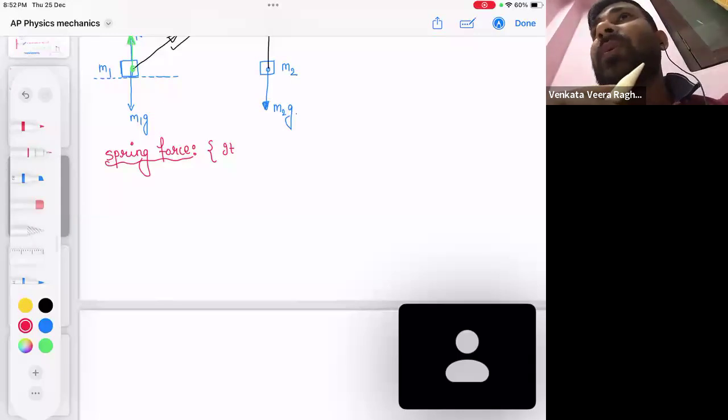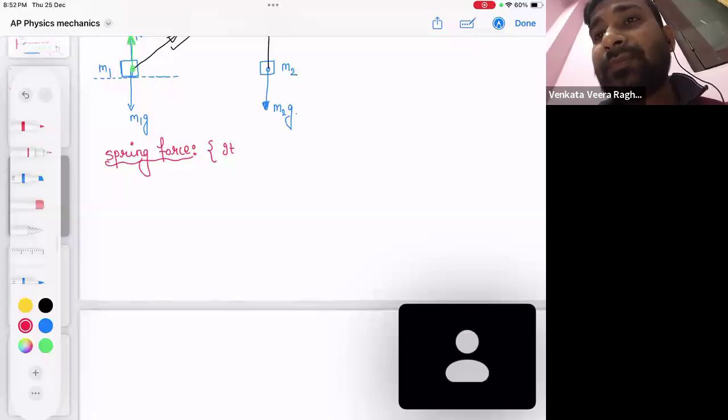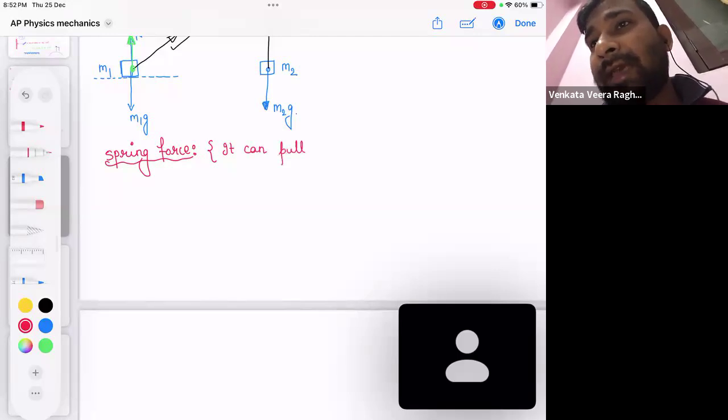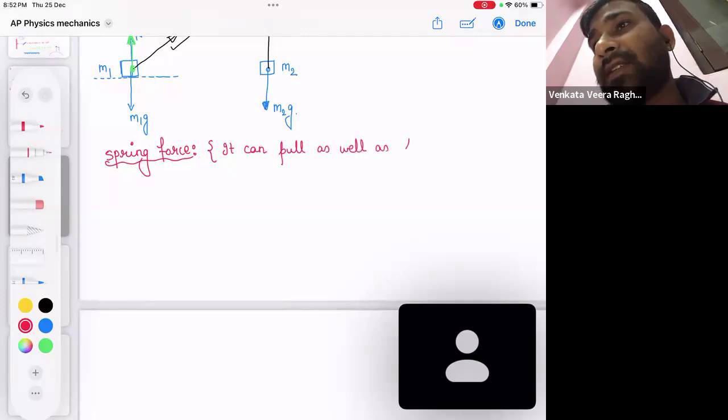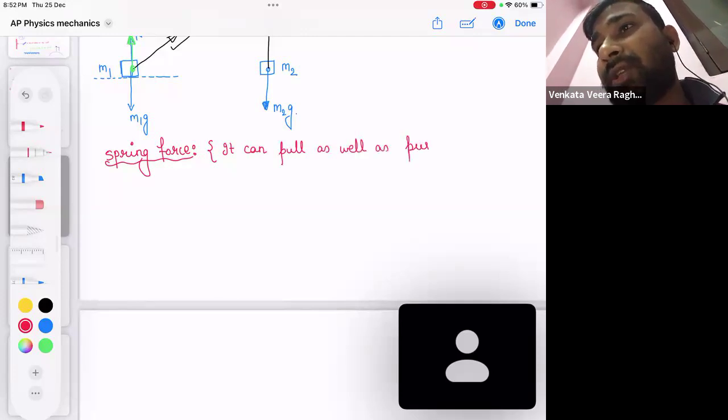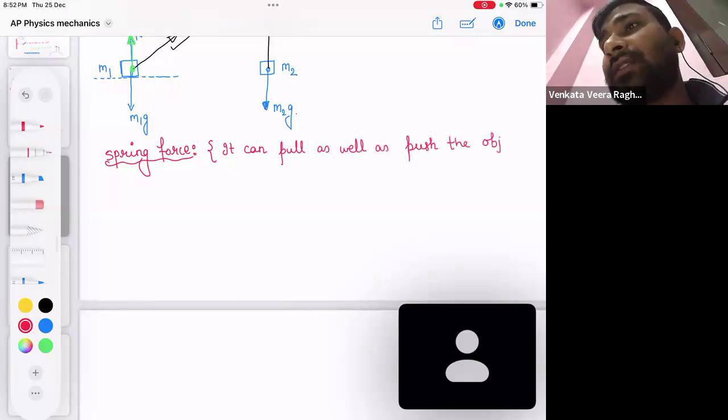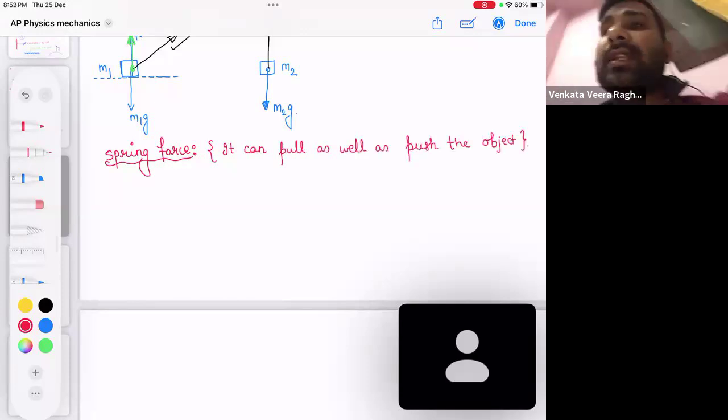Without knowing that, we cannot answer whether it is pushing the object or pulling the object. Understood? So it can pull as well as push the object which is attached to it.